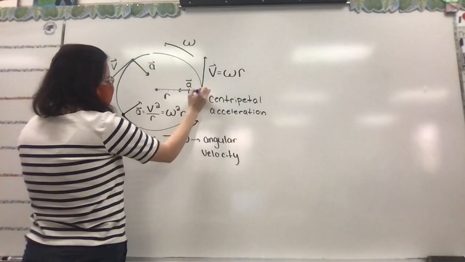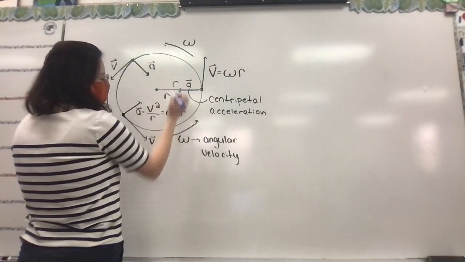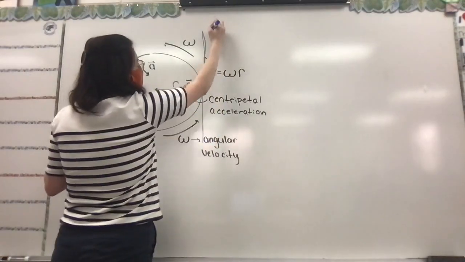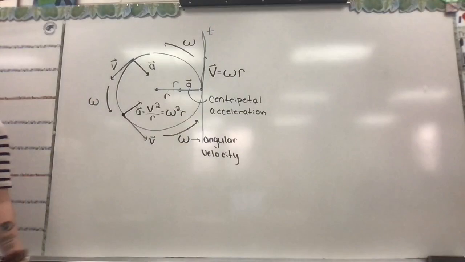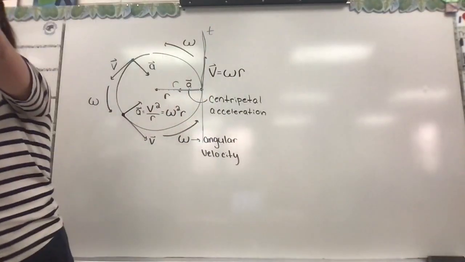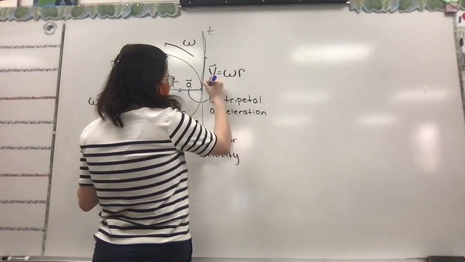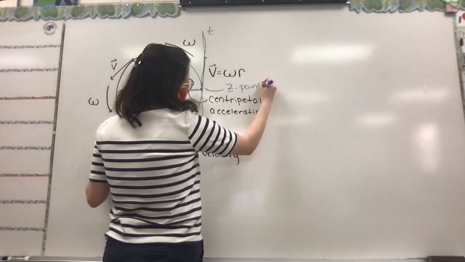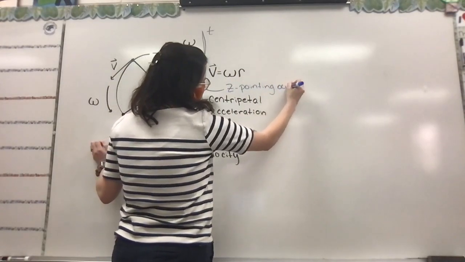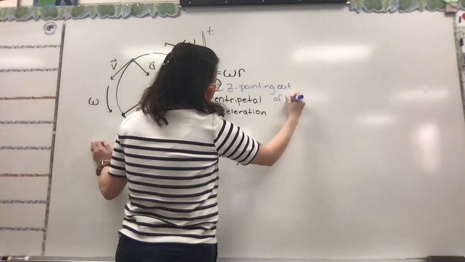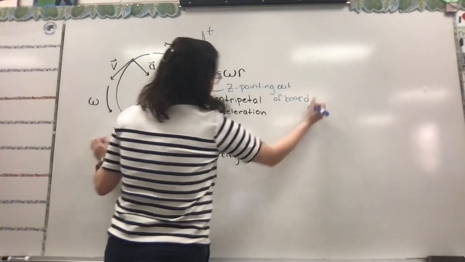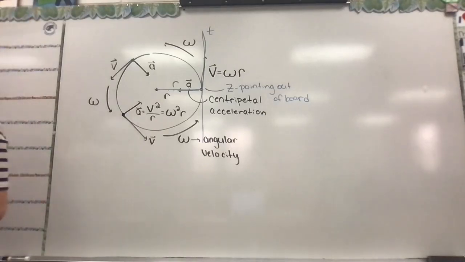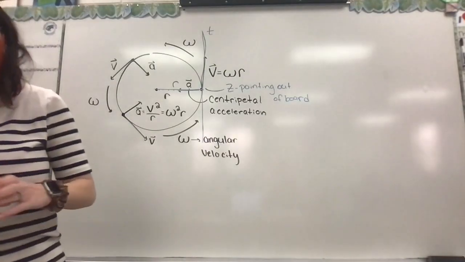We're going to have our R, our T, and then pointing out of the board is going to be our Z axis. So the Z axis is trying to come out and slap you or something. Okay, that's what the Z axis is doing. It's out of the page, out of the board.